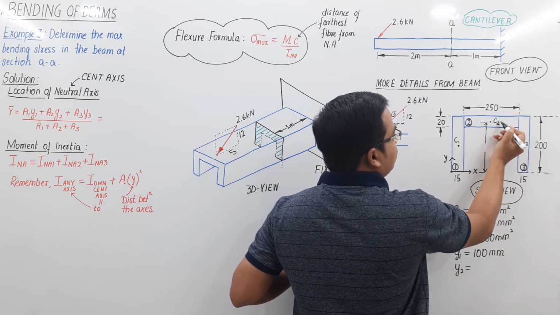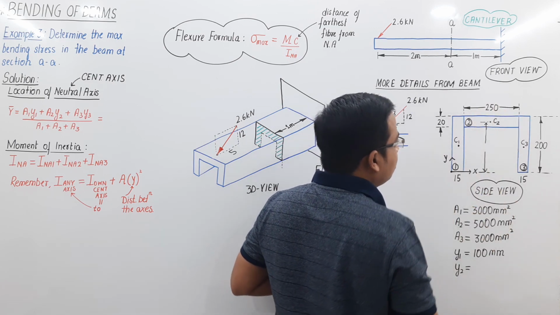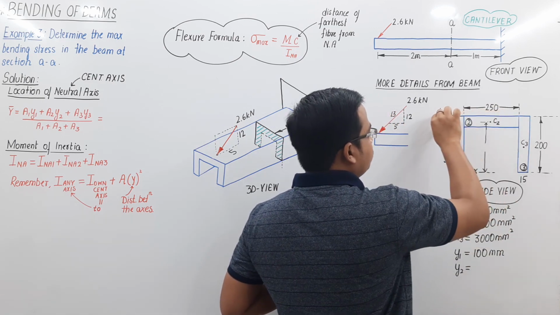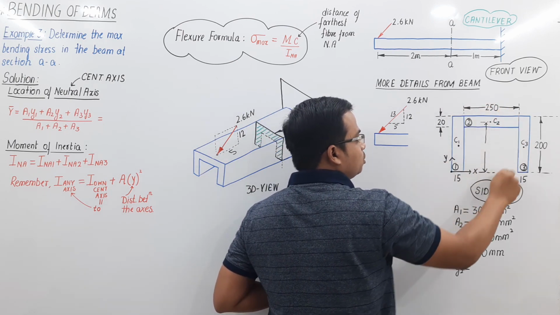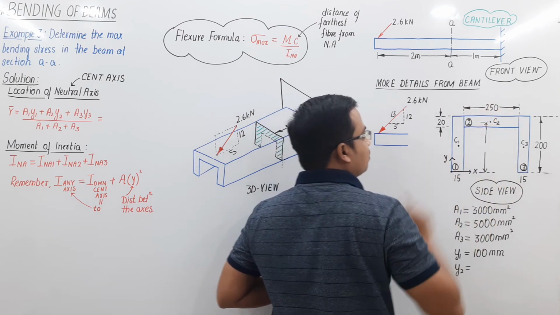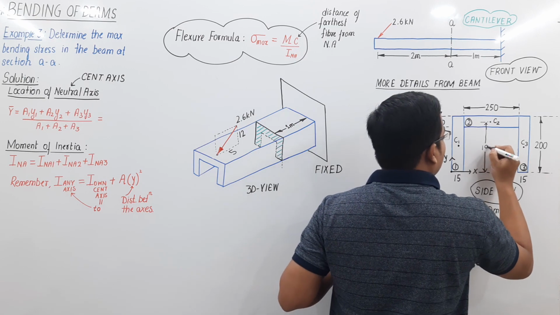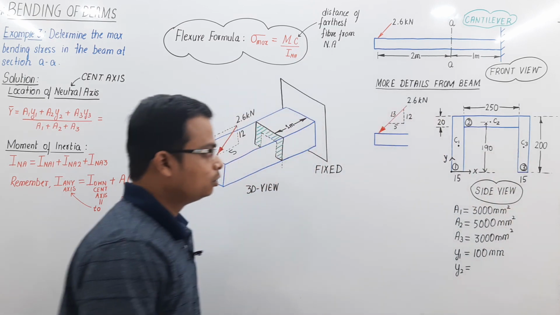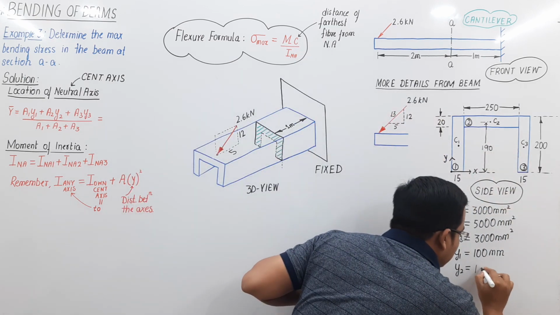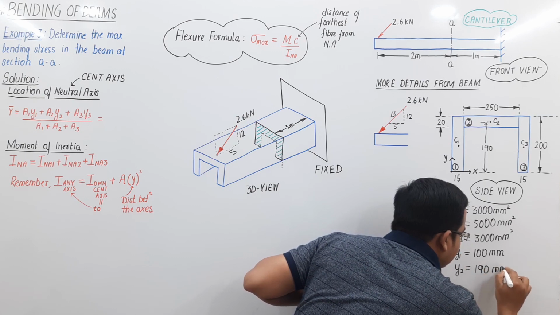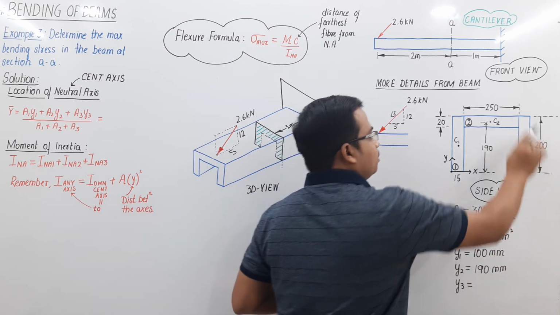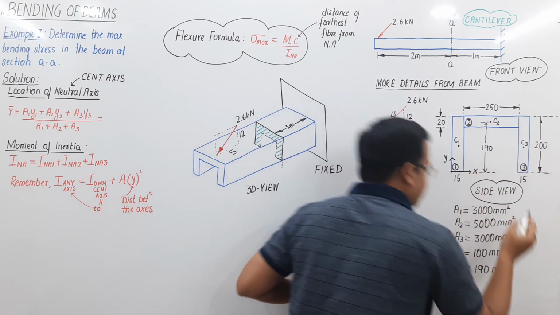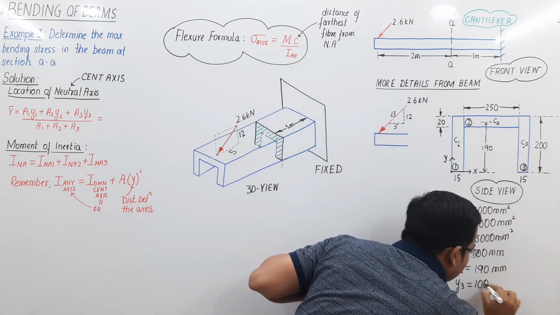This is 10 millimeters below. This is 20, so half of 20 would be 10. This much is 10. So 200 minus 10 will give you this value, that is going to be 190. So y2 works out as 190 millimeters, and again y3 is going to be identical to y1. Half of 200 is going to be 100 millimeters.